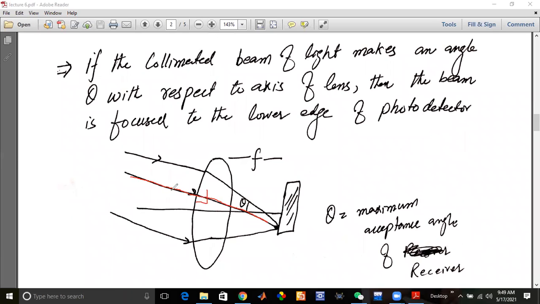So this center ray is undeviated, and this ray is parallel to the center ray.